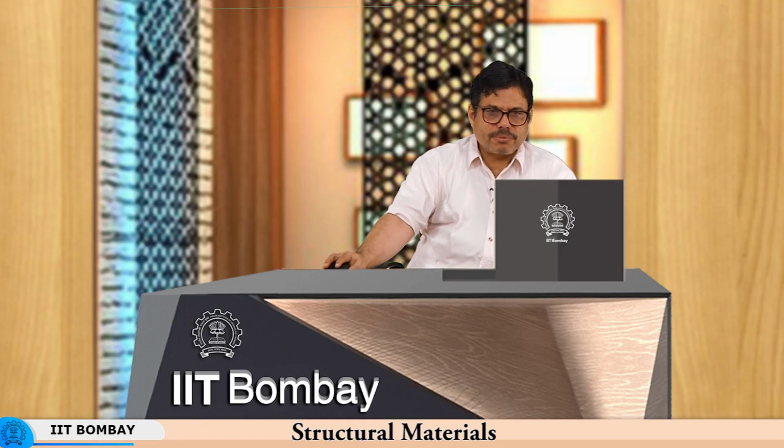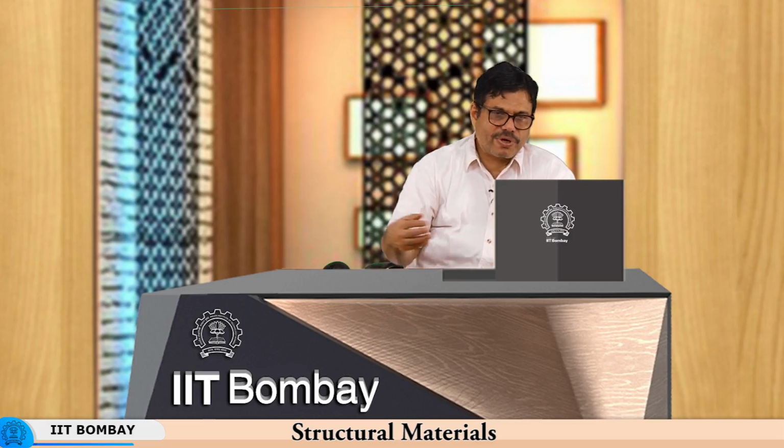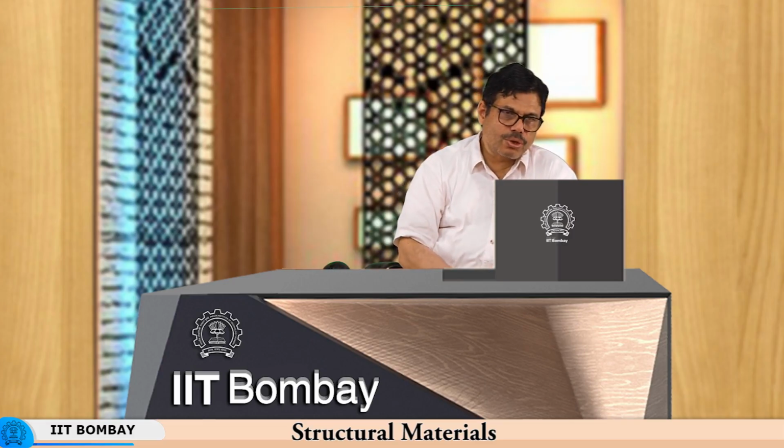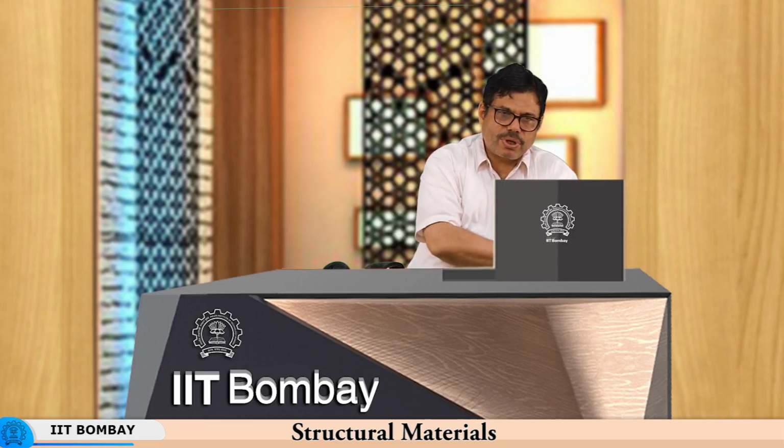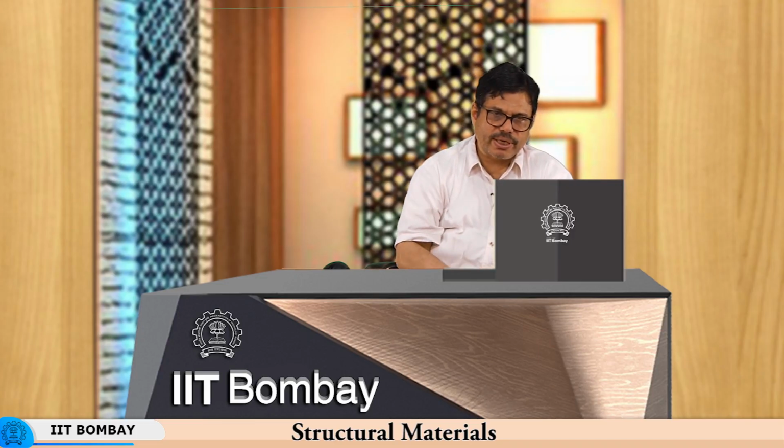Now, many times what happens is, when we are heat treating tools, particularly when you have made a tool with a specific geometry, and you want to harden it, you want its strength to increase, and you want as much martensite as possible to be generated.